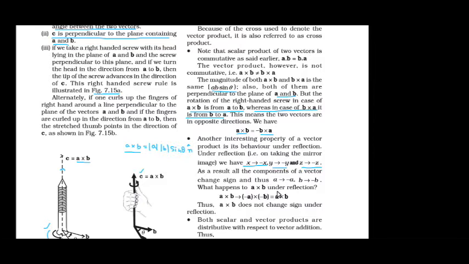As a result, all components of a vector change sign, and thus A tends to minus A, B tends to minus B. What happens to A cross B under reflection? A cross B tends to minus A cross minus B, that is A cross B itself. Thus, A cross B does not change sign under reflection.